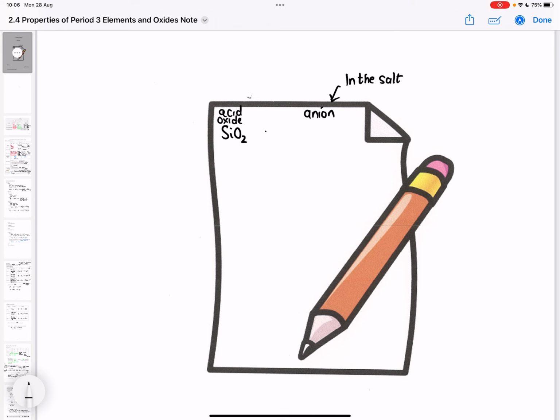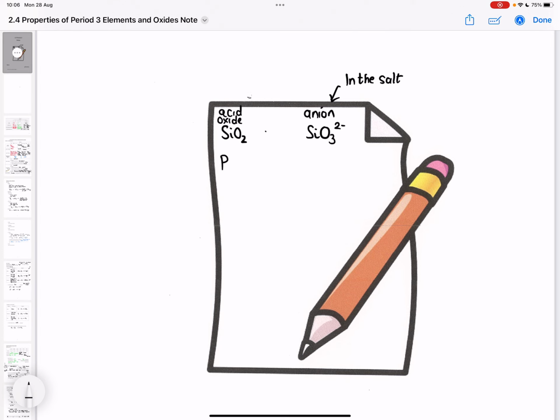So SiO2, if you think about where Si is in the periodic table, it's in group 4. So in my brain I think SiO2 is kind of like CO2, and CO2 forms carbonate, CO3 2-. This is going to form the same kind of thing, SiO3 2-. That's going to be our anion.